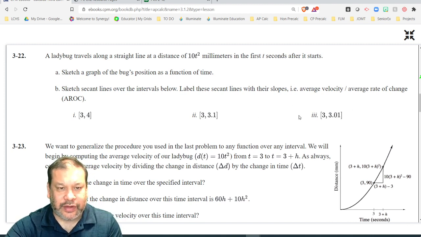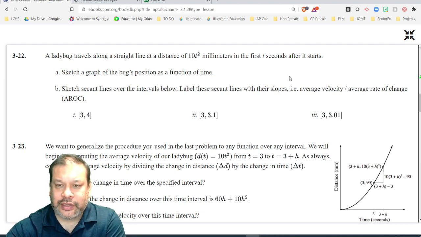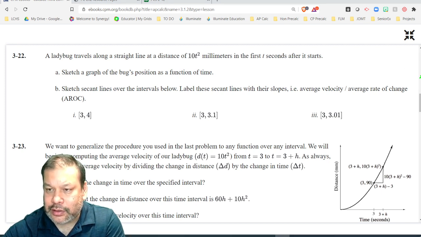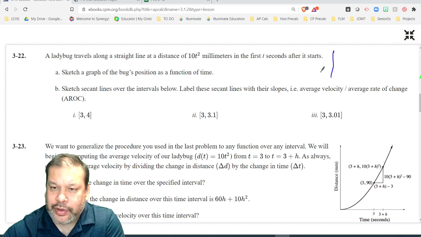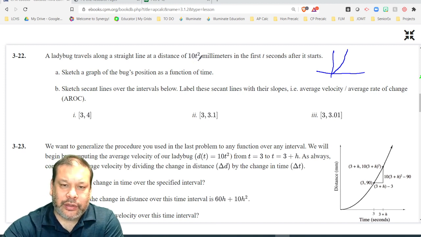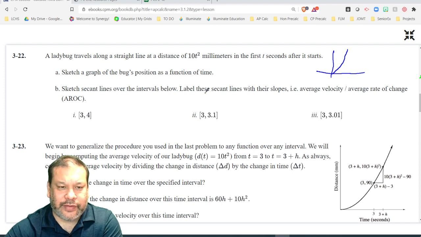A ladybug travels along a straight line at a distance of 10 t squared in the first t seconds after it starts. So sketch it, and when you do sketch it, it looks like a parabolic function. There should be a little bit more curvature to that, but it's just a parabola, t squared with a stretch factor of 10.